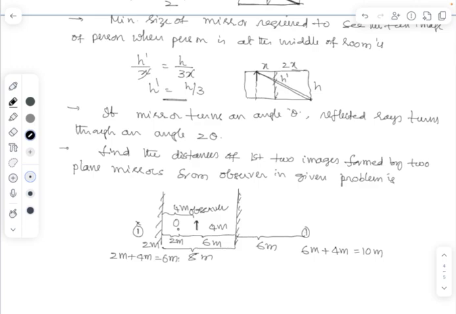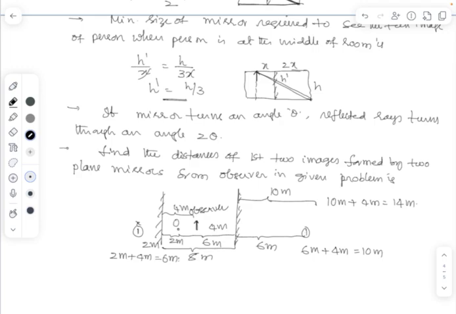This is from this mirror. This is 8 plus 2, 10 meter. 10 meter plus 4 meter equal to 14 meter.